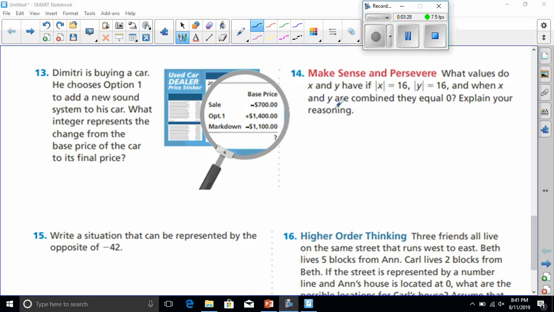Well, we're going to have to do a little arithmetic for this one, as in we have two numbers that are negative: negative 1,100, and then we have another one that is negative 700. And those represent the markdown in the sale price. If we add those together, that gives us a negative 1,800.